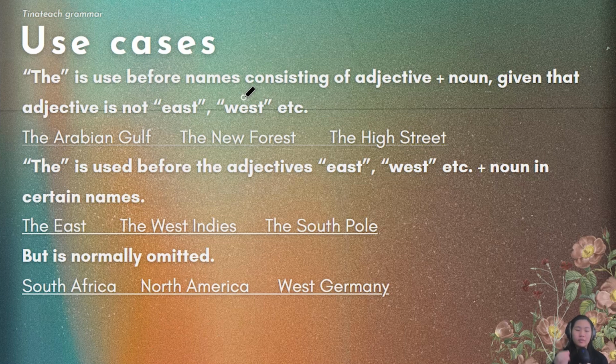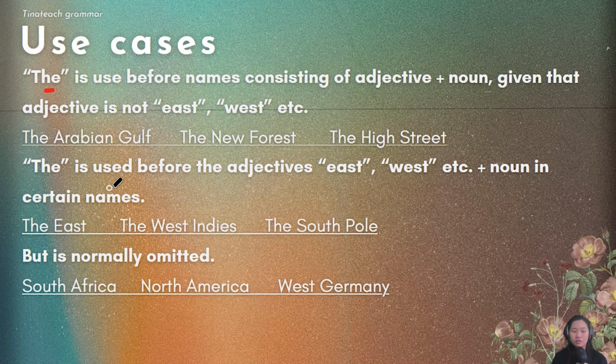We're not dealing with them as anything else, just adjective, and they aren't applicable with the over here. The Arabian Gulf, okay? The New Forest, the High Street. Well, the High Street and the Arabian Gulf are actual places. I'm not sure about the New Forest, but I'm sure that any establishment or organization can name themselves the New Forest as a company name, and it serves as a name, and it is applicable to the in this case.